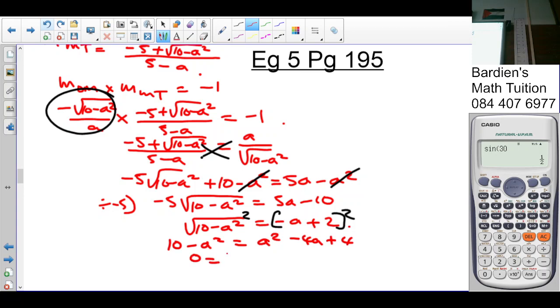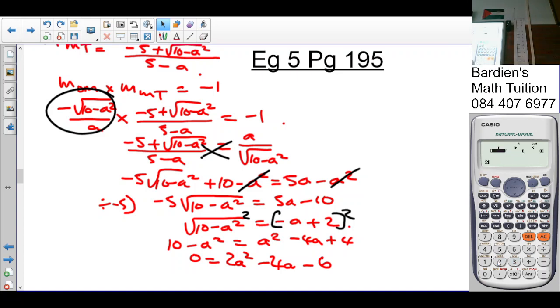So 0 is equal to 2a squared minus 4a minus 6. So you use the quadratic formula or your factors or whatever you use. It's going to be 2, negative 4, negative 6. It's going to give you 3 and negative 1. So a is equal to 3 or a is equal to negative 1.